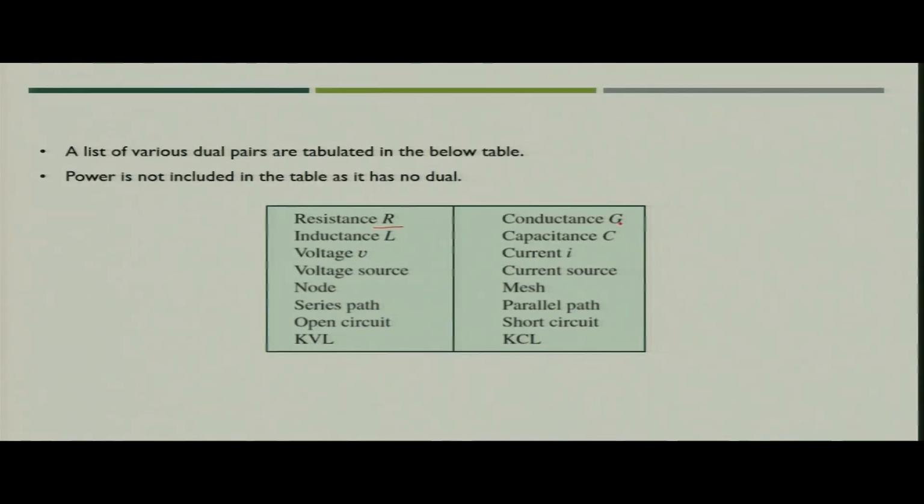So, what are the various dual parameters? Resistance R would be converted into conductance, inductance L into capacitance, voltage V into current I, voltage source into current source, node into mesh, series path into parallel path, open circuit into short circuit, and KVL into KCL in its dual.